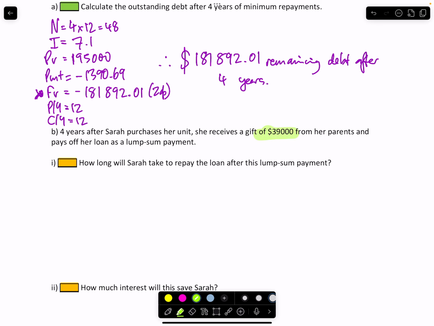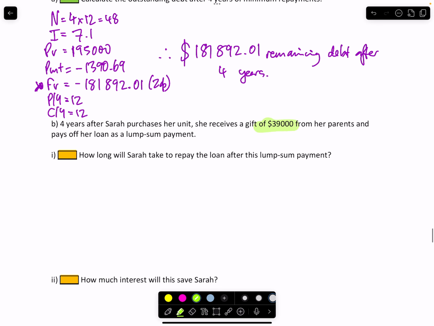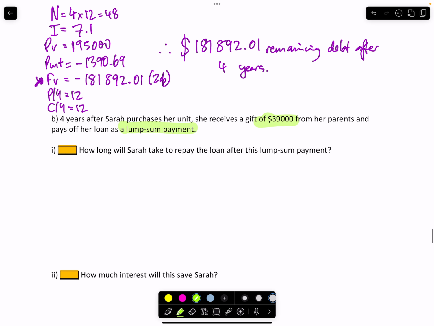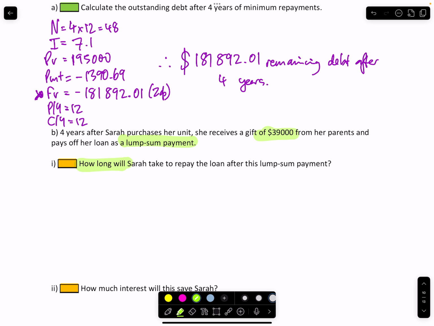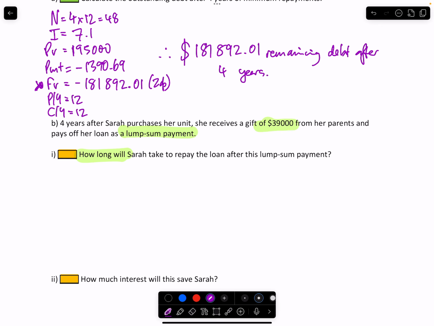4 years after Sarah purchased the unit, she gets $39,000. Damn. $39,000 from her parents and pays off her loan as a lump sum payment. How long will Sarah take? So if it says how long, I'm finding N after I've made this lump sum. So N is to be solved. Interest rate is still 7.1. PV is going to be the remaining debt, but I paid off the lump sum, so take $39,000 from that.